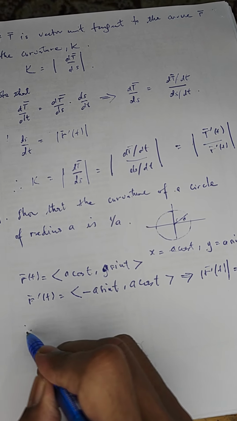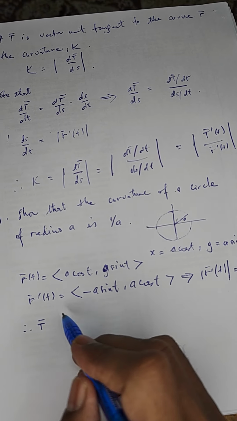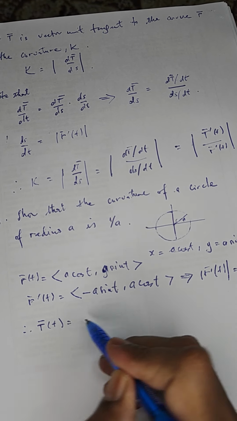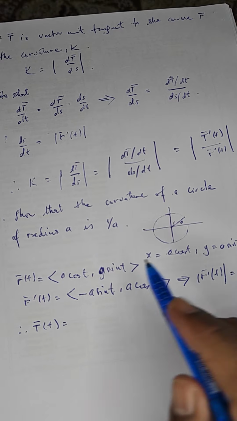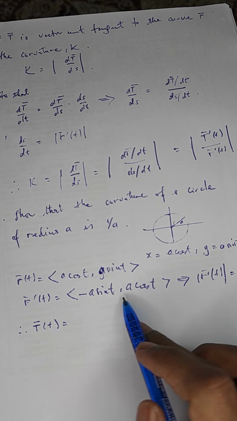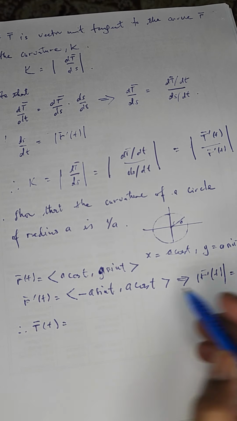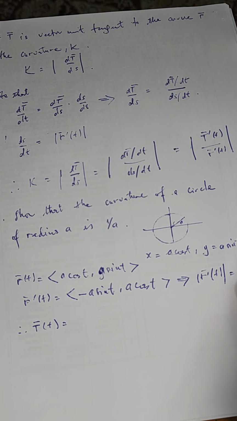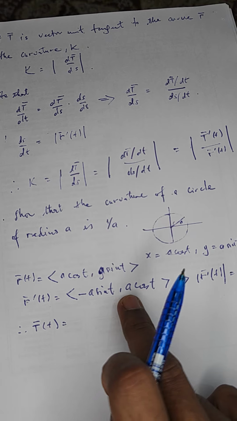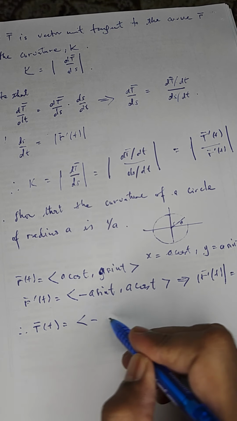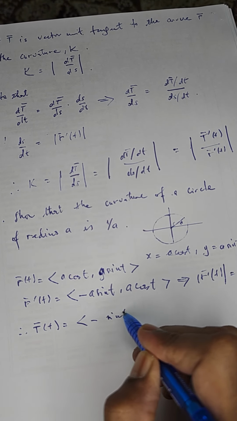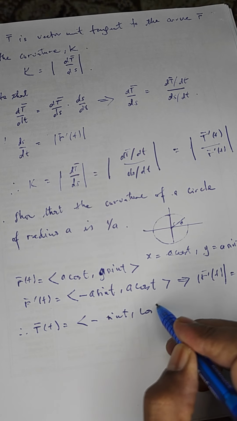Okay, so therefore the unit tangent vector is given as r' over the magnitude of r', and the magnitude is a, so a cancels out with a, so the unit tangent vector is just (-sin t, cos t).